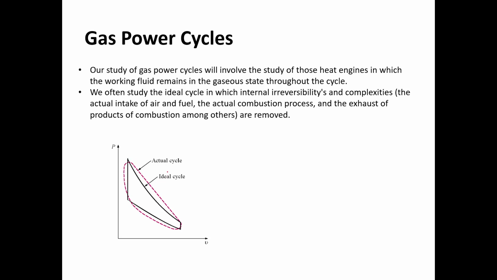Because we can't actually work on the actual cycle as it is, what we normally practice is we work on the idealized cycle, then use coefficients to transfer it to the actual cycle, right? So you can see these sharp turns.